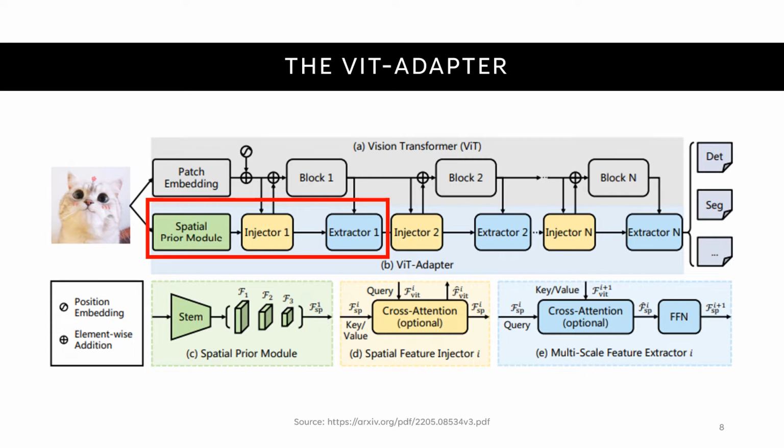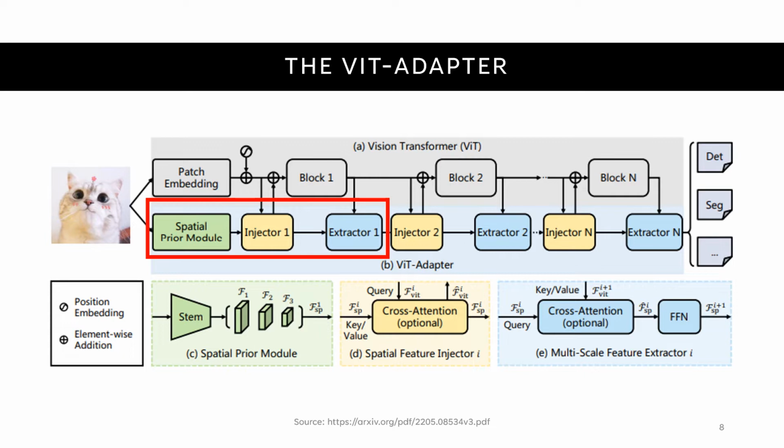At a high level, the spatial prior module creates spatially represented tokens to input to the injector. Cross-attention is performed in the injector module. The spatial prior module's tokens are the key and value, and the patch embedding tokens from the plain ViT are the query.